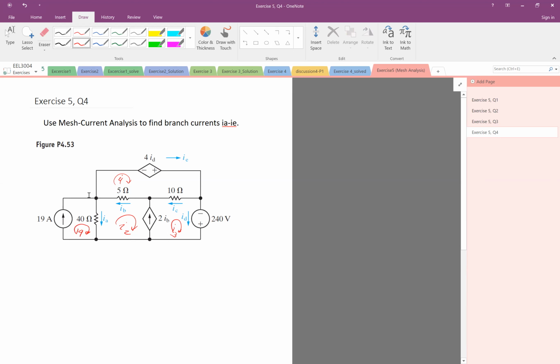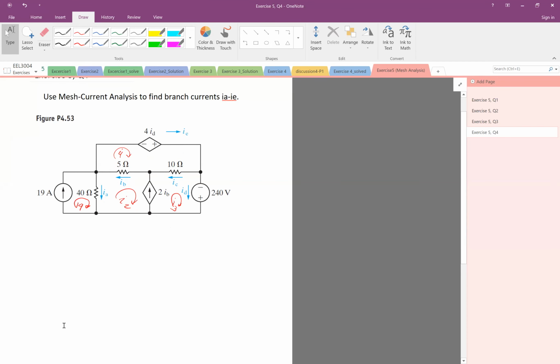Very good. So let's write the KVLs. So mesh 1. Start from here. Negative 4ID plus 10 times the current. I1 is going this way, for the whole mesh, right?